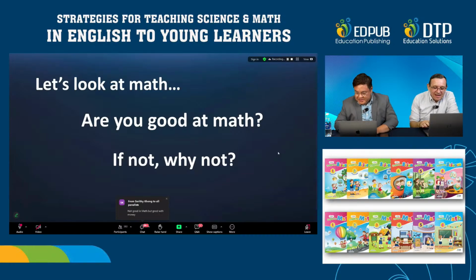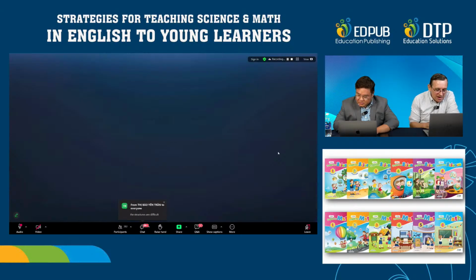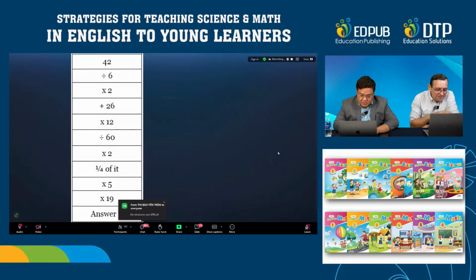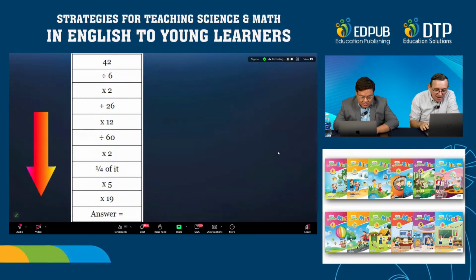Okay, let's do a quick warm-up activity. I'm going to show you a math problem, and I want you to solve it step by step. So you can see from the top to the bottom, you do 42 divided by 6, write your answer, then you multiply by 2, write your answer, then you add and so on, till you get to the bottom.